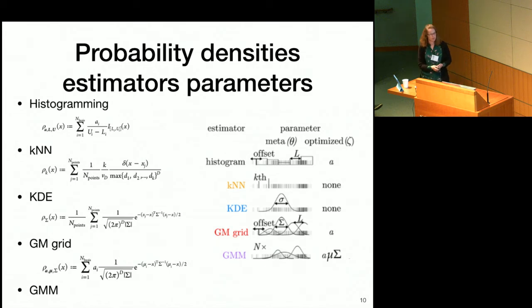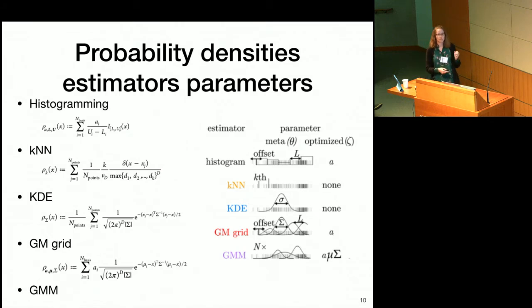The difference between these three methods is then the way the parameters to be optimized or not are set. So in KDE, basically, you will put a Gaussian at every point that you consider. And the only parameter that needs to be estimated is the width or the variance of the Gaussian.